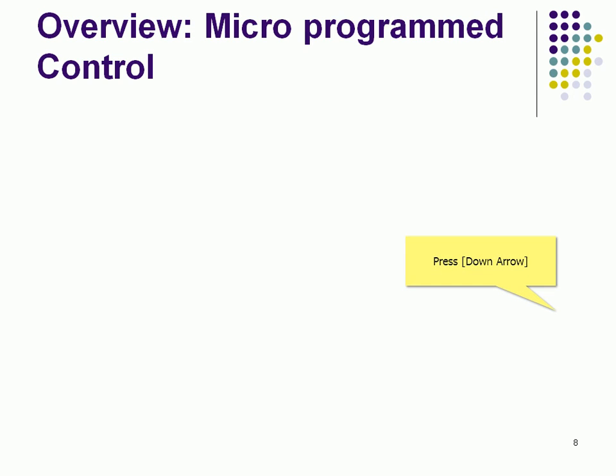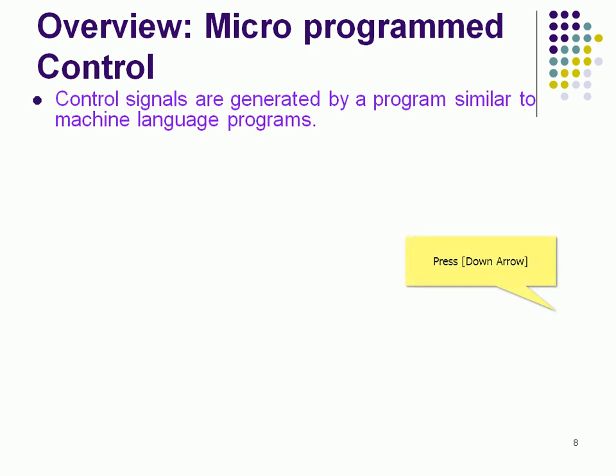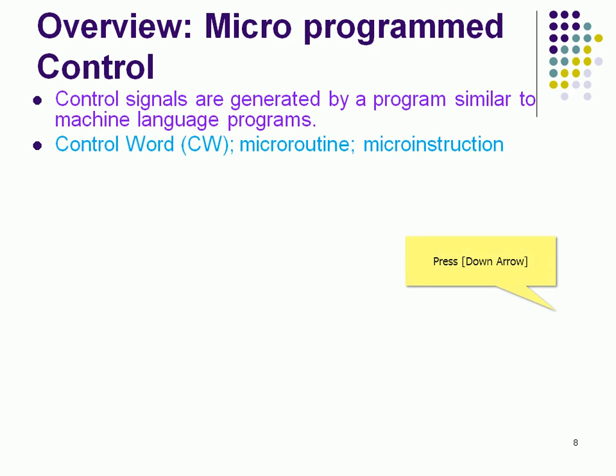So as an overview of microprogram control, control signals are produced by a program which quite resembles machine language programs. Machine language programs generate also, no? Similarly, these control signals are similar to machine language.